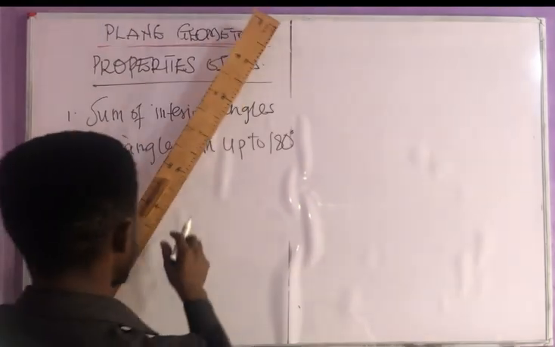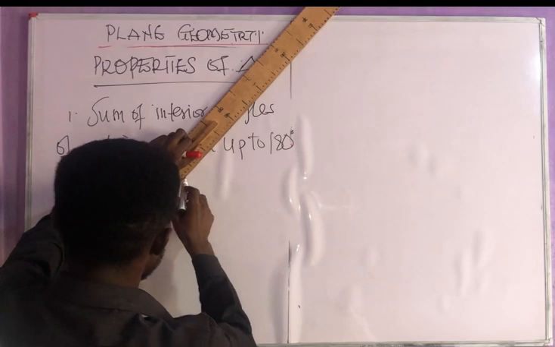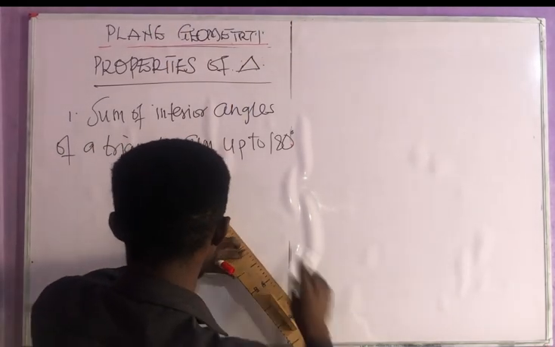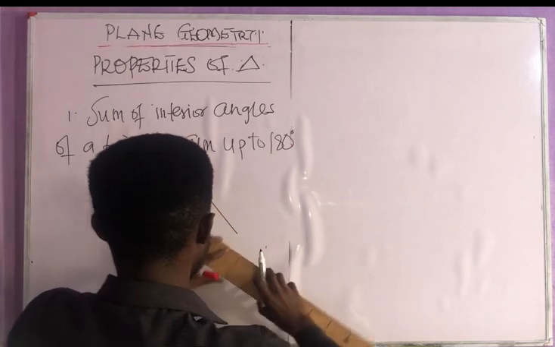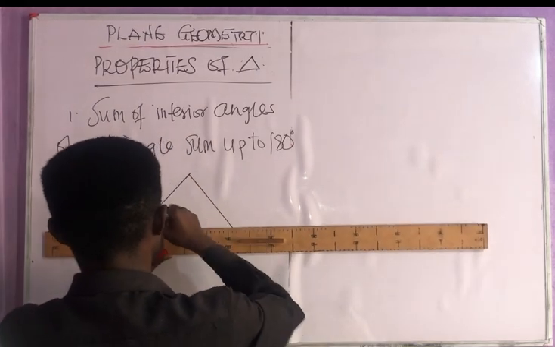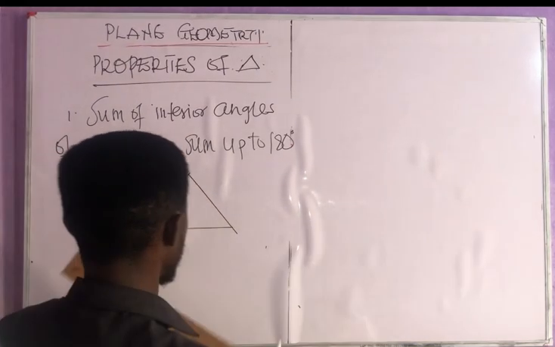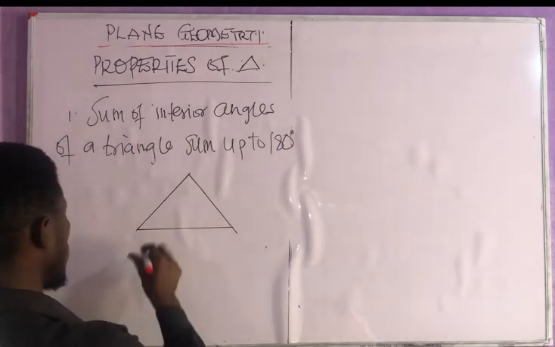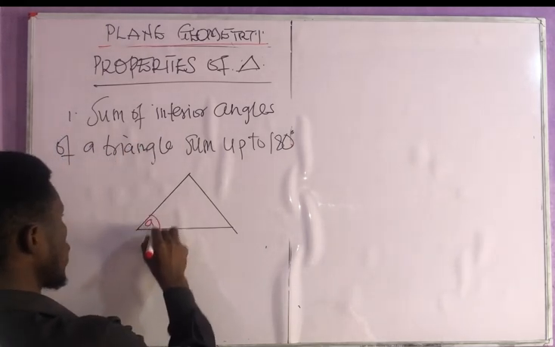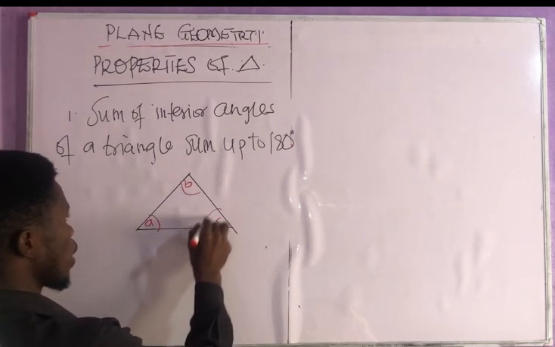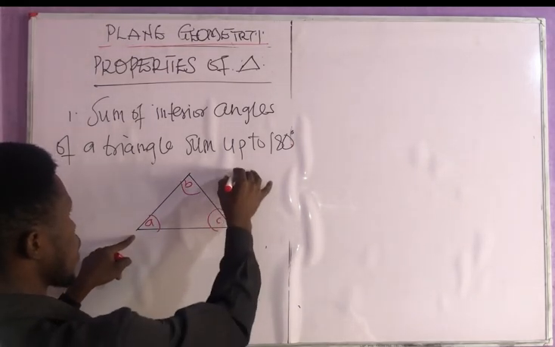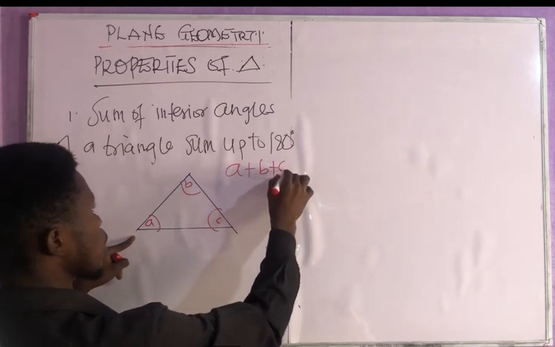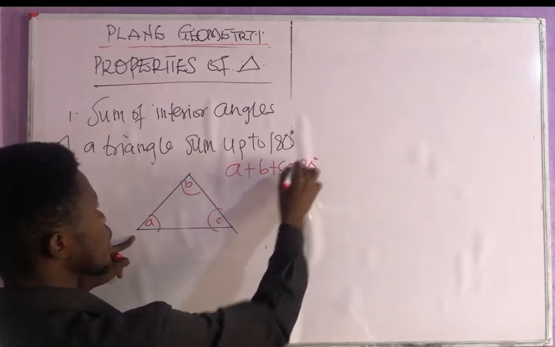So let's say I have a triangle here, joining this thing together, we have a nice triangle. We are saying that these are the interior angles you are talking about: A, B, and C. So the sum, meaning if you add them together, you must get 180 degrees.